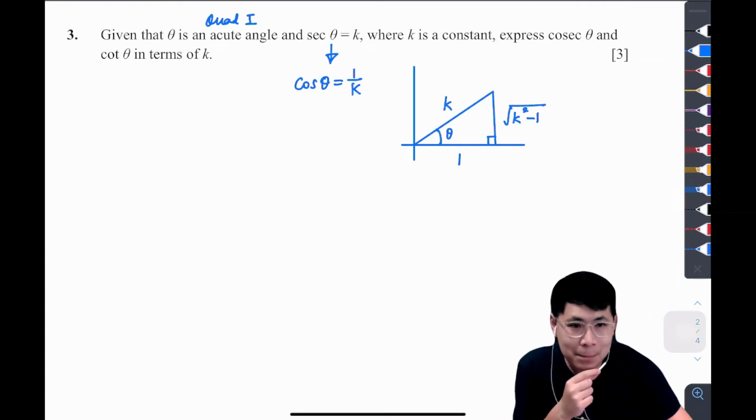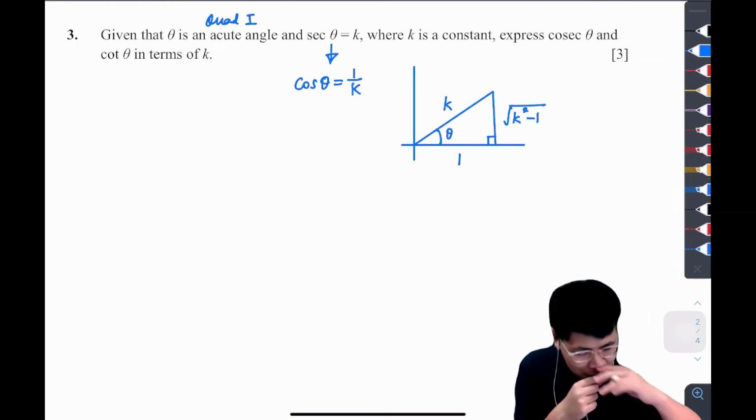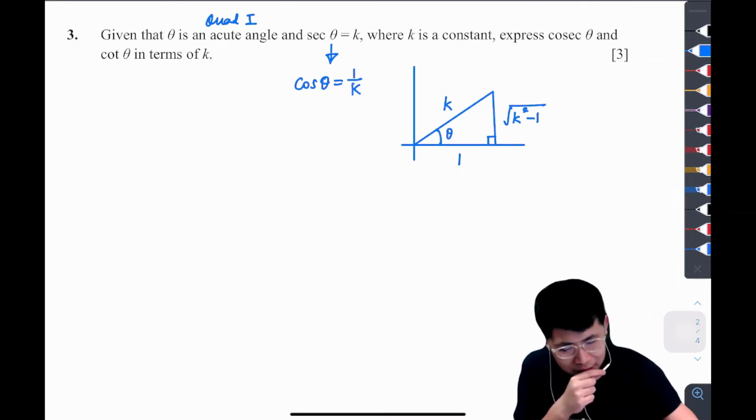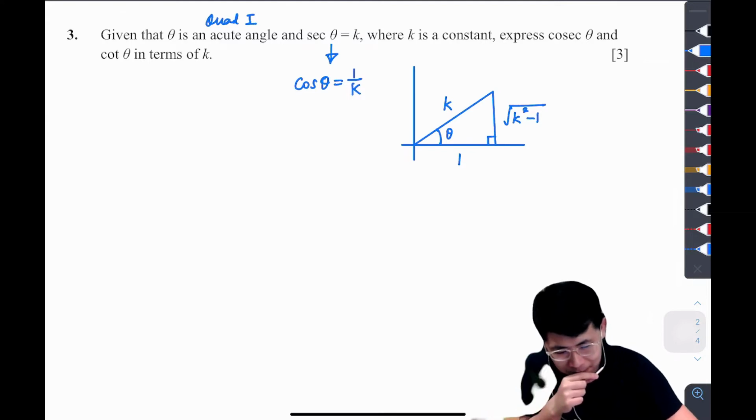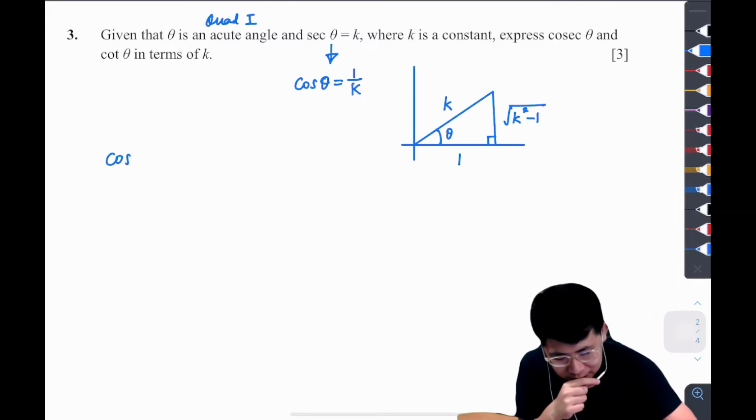Do you see this? Sure, let's find cosecant theta and cotangent theta. Cosecant theta will be equal to 1 over sine theta. In quadrant 1 we don't need to do anything.